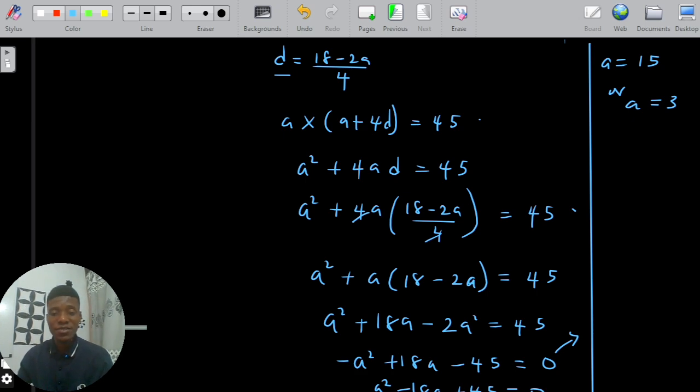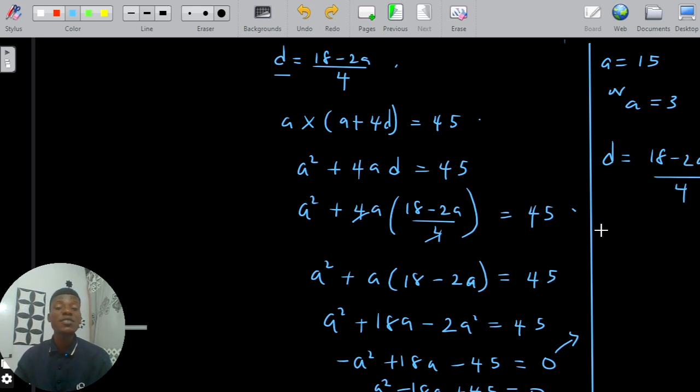I believe you can solve this. When you solve this, the value of a would be 15 or 3. So when you have this, you go back to the equation where we know the value of d to be (18 minus 2a) over 4.